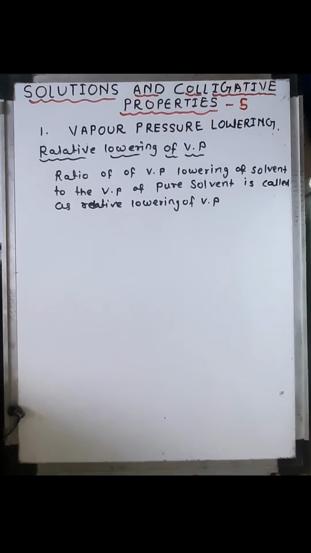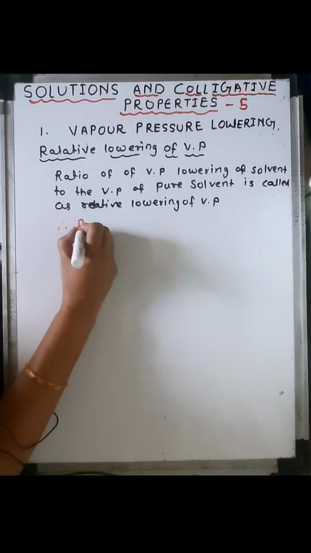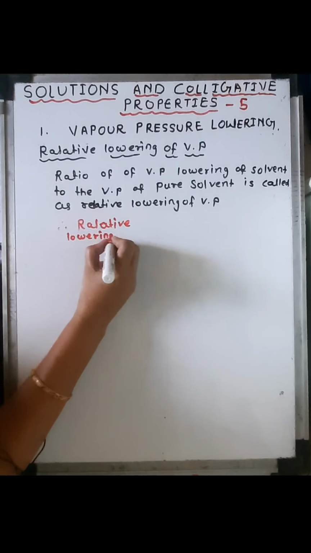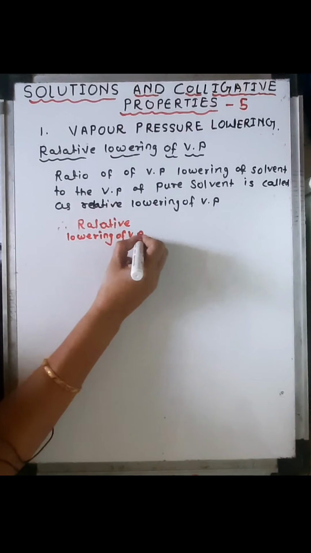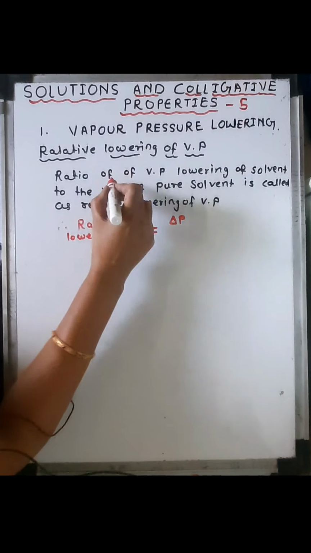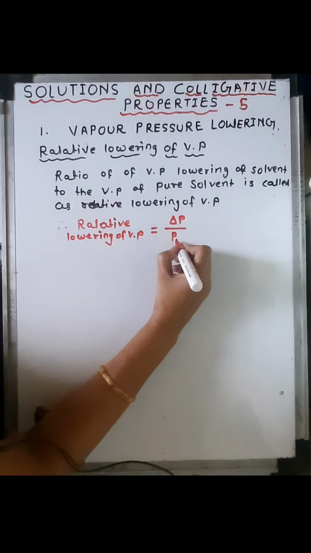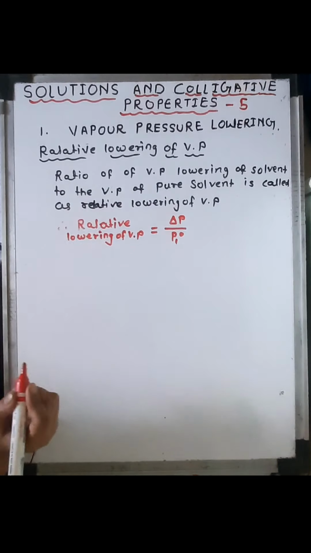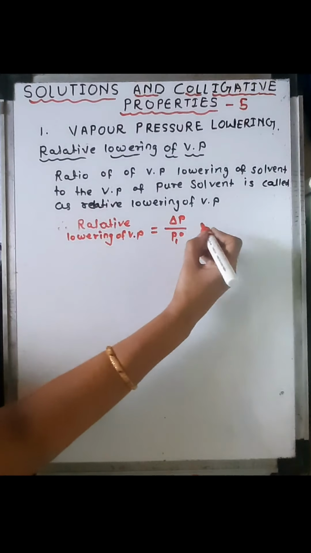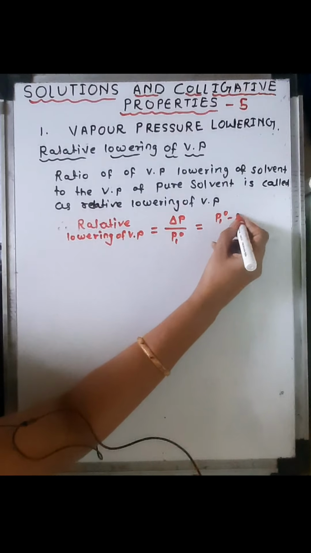Relative lowering of vapor pressure. Therefore, the formula: relative lowering of vapor pressure is equal to the ratio of lowering of vapor pressure to the vapor pressure of pure solvent, delta P upon P1°, and delta P is P1° minus P1.